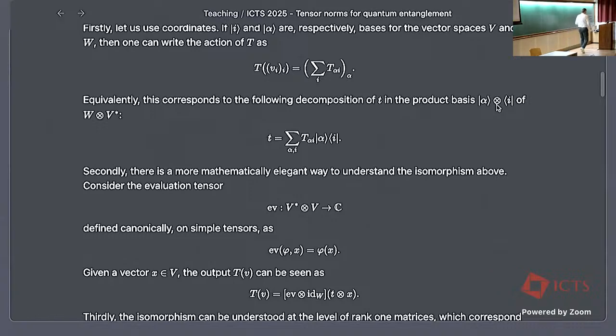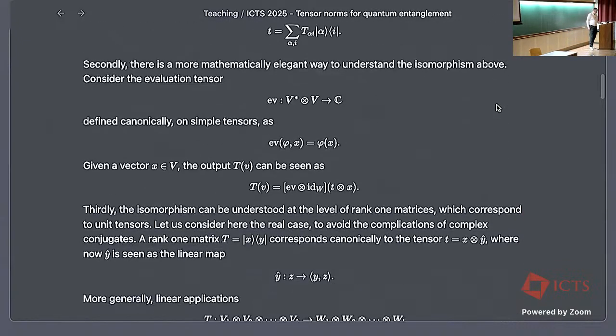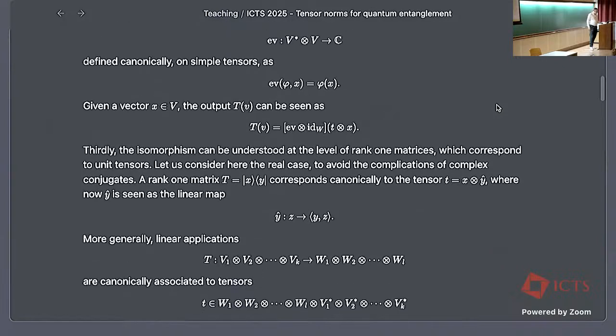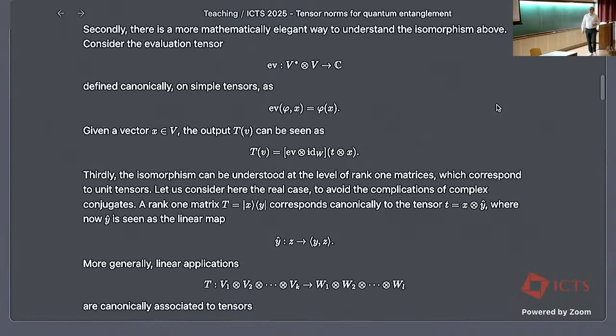And finally, another way to look at this is to look at rank 1 matrices. Rank 1 matrices correspond to simple tensors. So for instance, if you have a rank 1 matrix, which is this ket-bra x y, then to this matrix I associate this tensor x tensor y hat, where now y hat is an element in V dual, something I told you about yesterday.